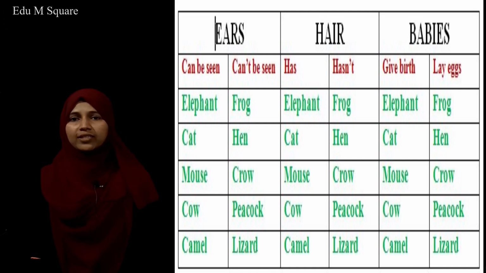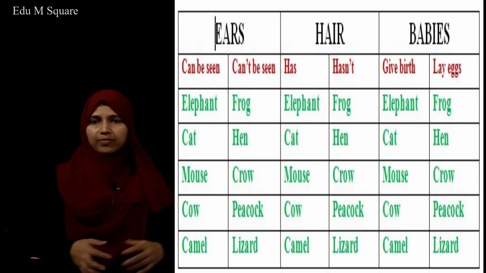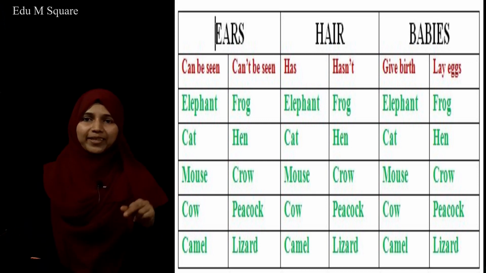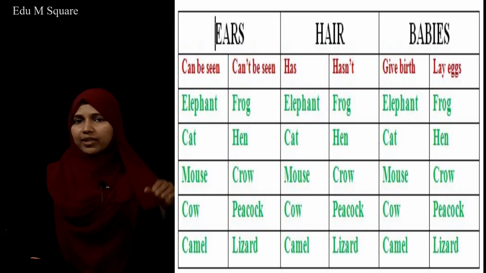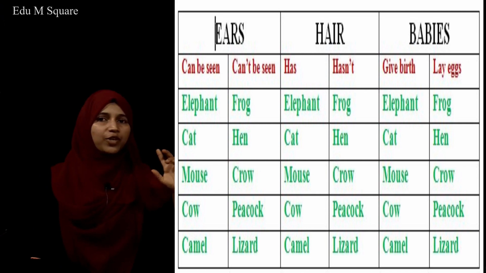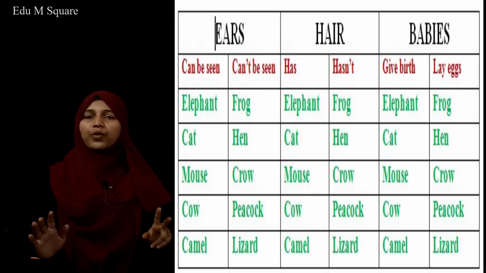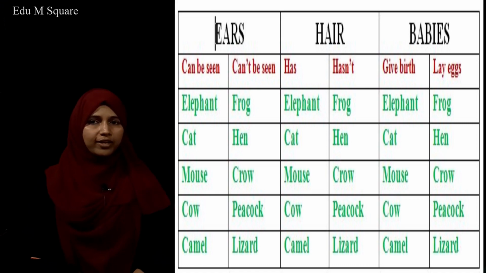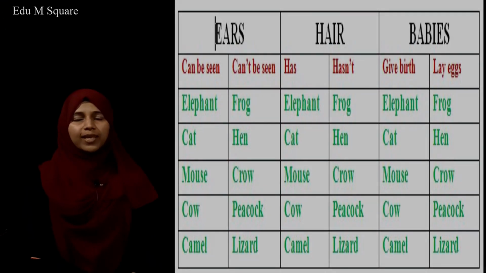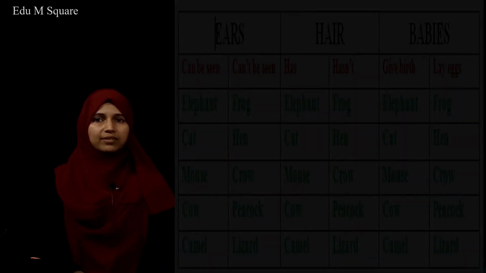These animals give birth to their babies. At the same time, those animals whose ears we cannot see outside have no hair on their skin. These animals lay eggs. Hope all of you understood this concept. Thank you all.